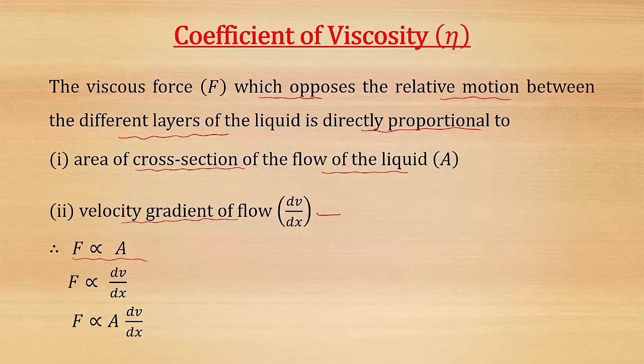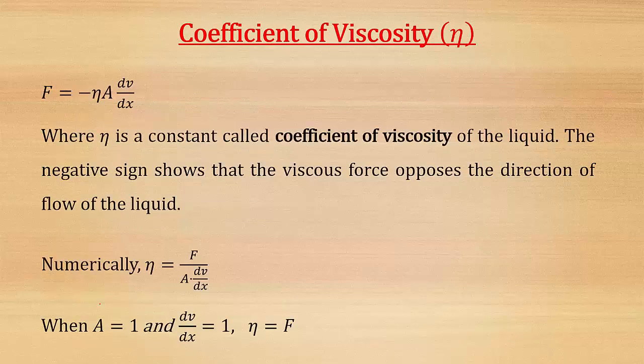F is directly proportional to A, F is directly proportional to dv by dx. Combining these two, we get F is directly proportional to A into dv divided by dx, or we can use the term eta, the proportionality constant. This proportionality constant is called the coefficient of viscosity of the liquid.